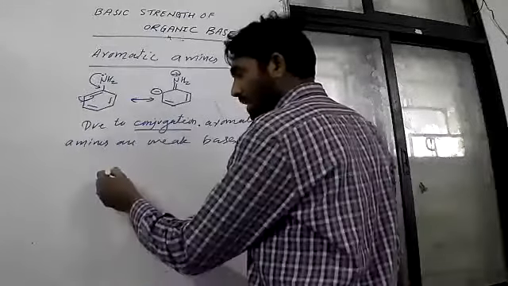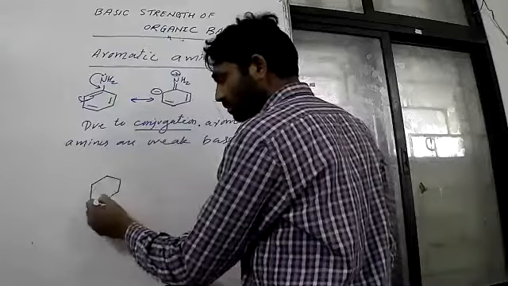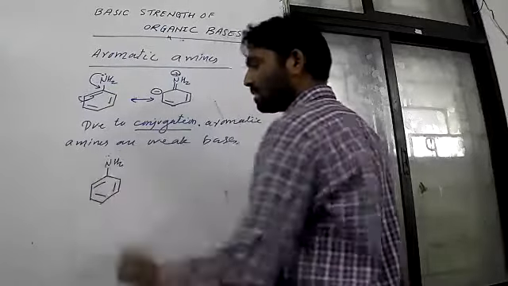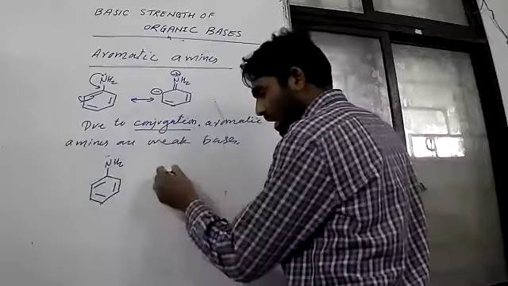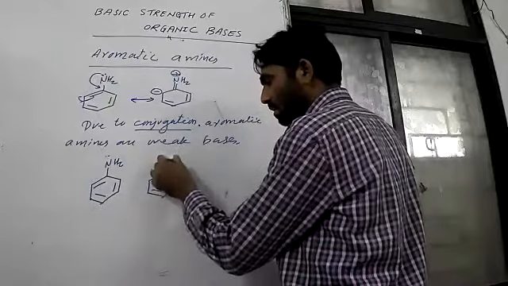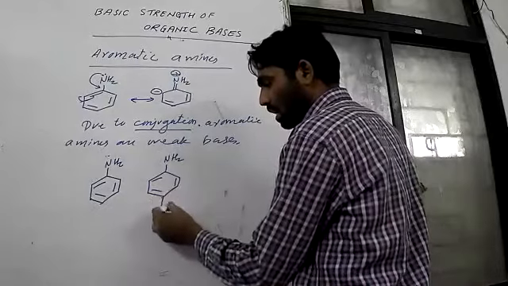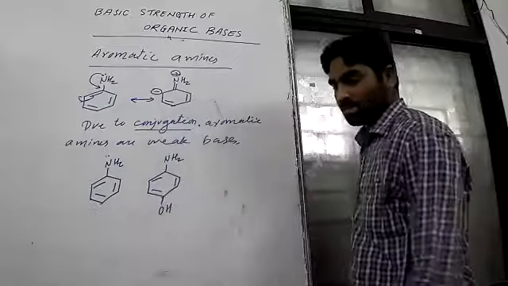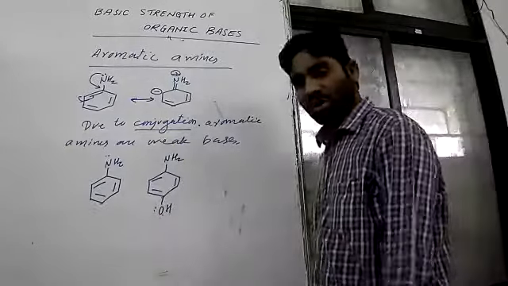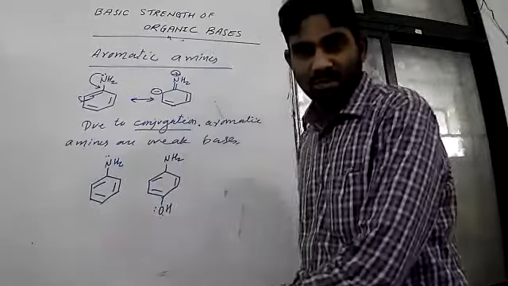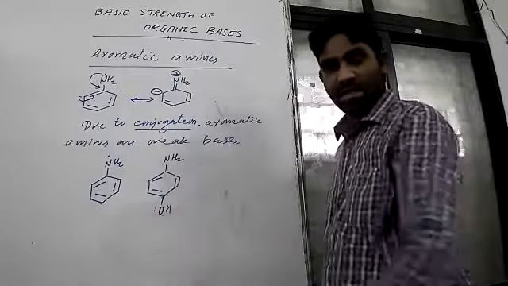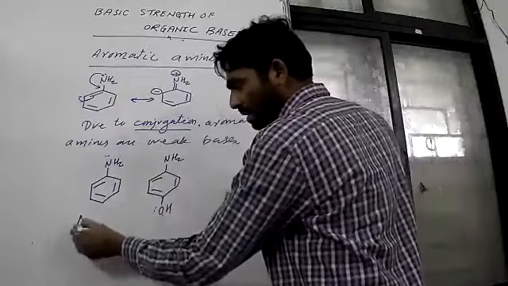Now, in aromatic amines, let us go to another factor: groups. I will write an example. This is aniline, and I will write one more group here, OH, which means para-hydroxyaniline, also called para-aminophenol.